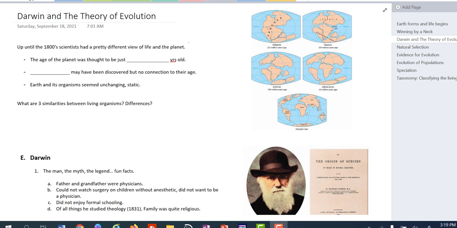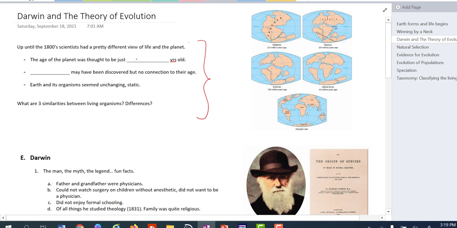Okay, so here we are talking about Darwin and how he developed his theory of evolution. If we think about Darwin and his time period, we're talking around the 1800s. Darwin and scientists, along with the general public who followed the rules of church and religion primarily over and above scientists, had a very different view of the life and the planet around us.